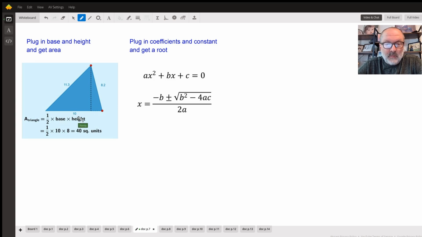You have two inputs, the base and the height. You plug that into the formula, and out comes the area. Same thing here. You're going to plug in the coefficients, A and B, into the formula, as well as the constant. You plug that in, and out comes the root.